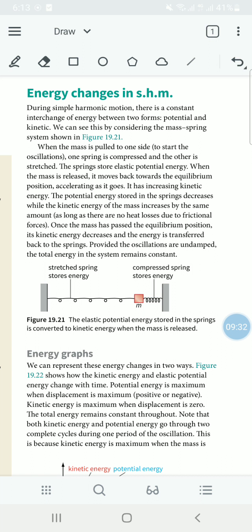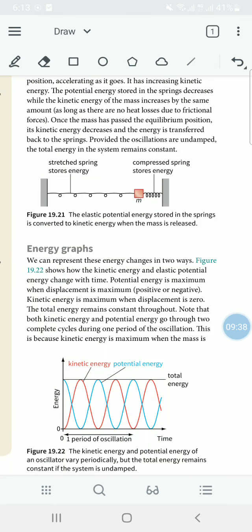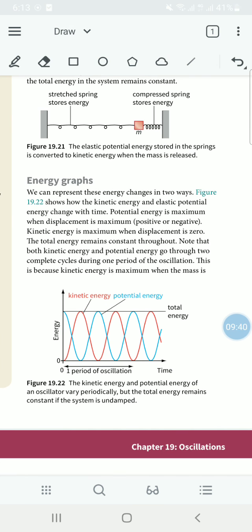As a result, the total energy in the system remains constant.